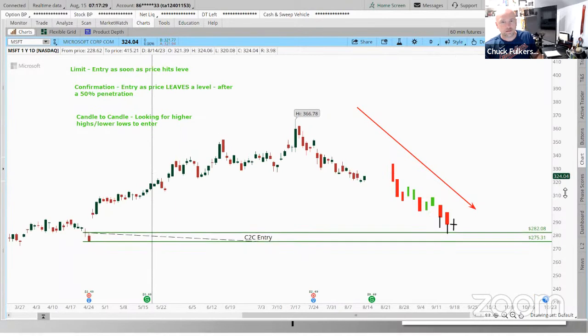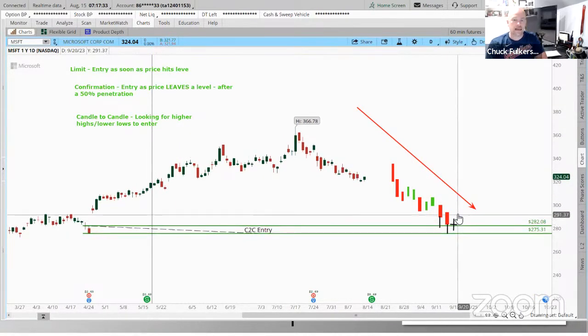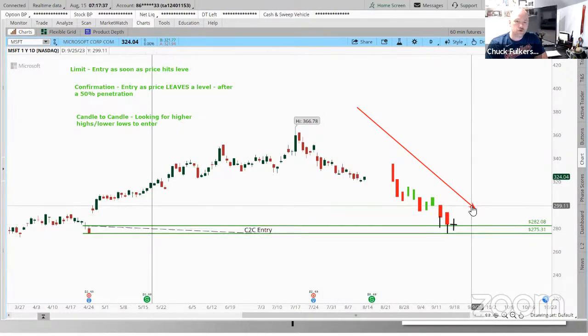There we go. What I'm really using is the fact that I've got a reversal candlestick pattern at that level. My entry is going to be based upon simply that last candlestick that was formed, which in this case is going to be the doji. That's going to dictate my entry.